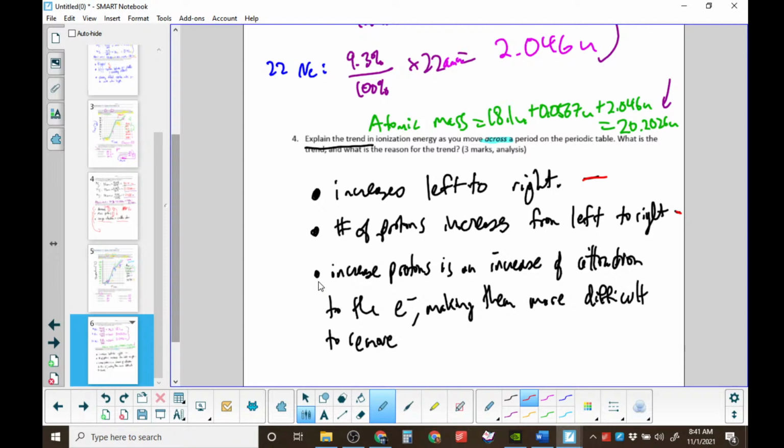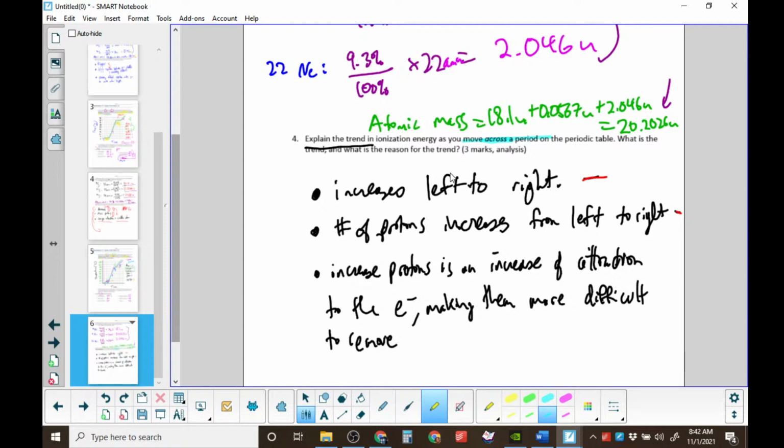Now, a part to be careful here is not to say too much. So a number of students, for example, would start off saying, as you move from left to right across the periodic table, the ionization energy increases. You've said it correctly. But then you tell me that the atomic size increases as well.